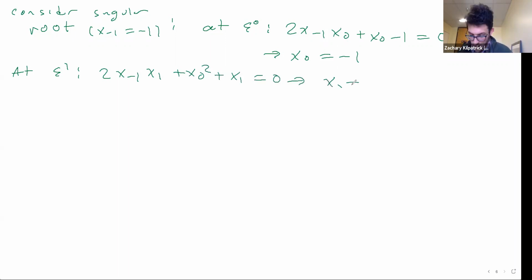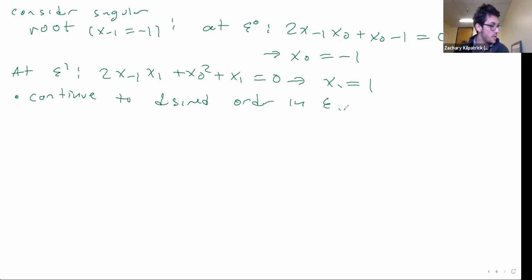This implies that x1 equals 1, okay? And we can essentially continue to our desired order in epsilon. Okay. So I think that's probably enough for today.